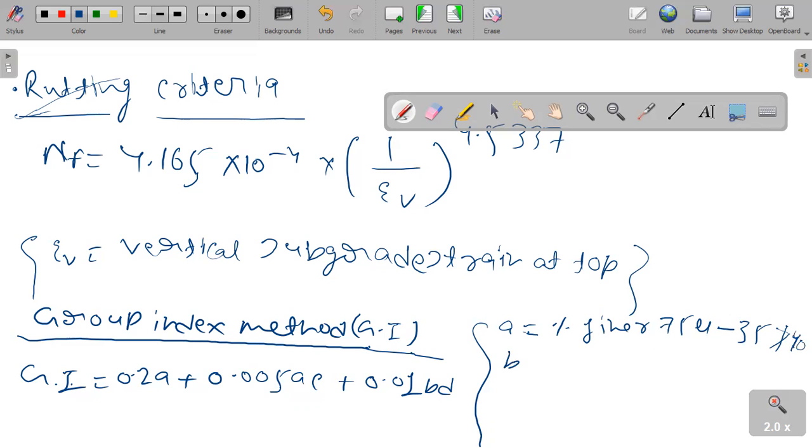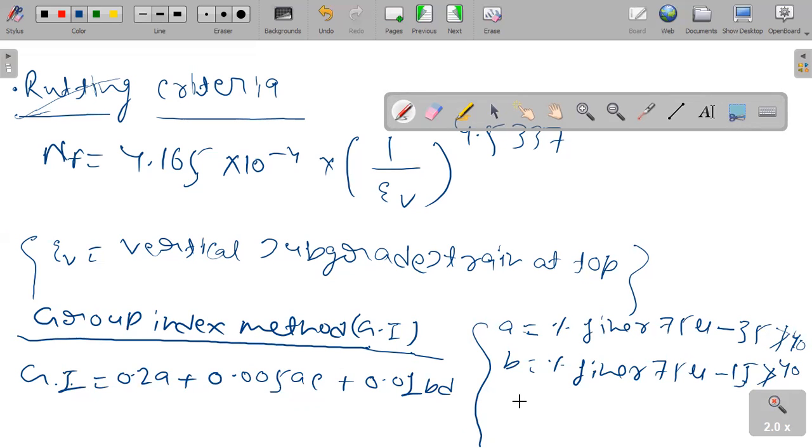Similarly, B is percent finer than 75 micron minus 15, which also should not be greater than 40.